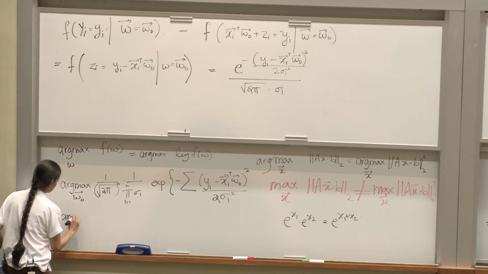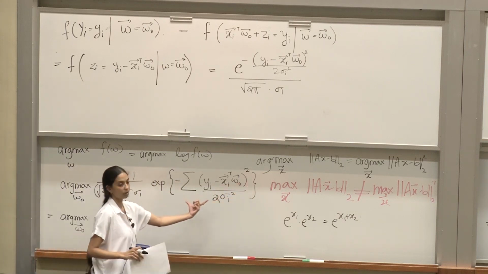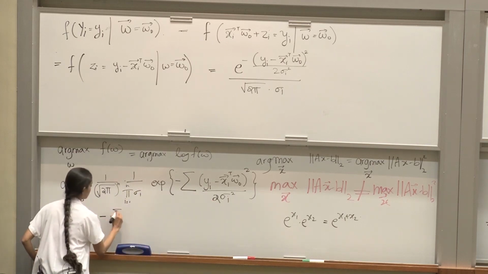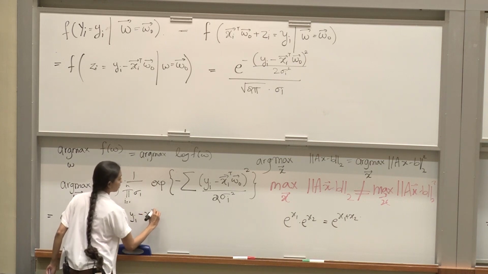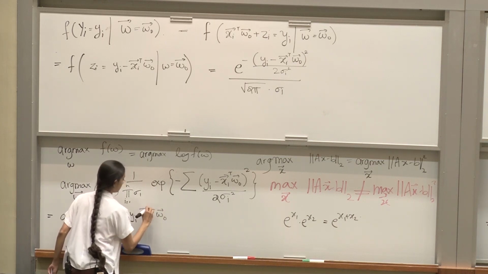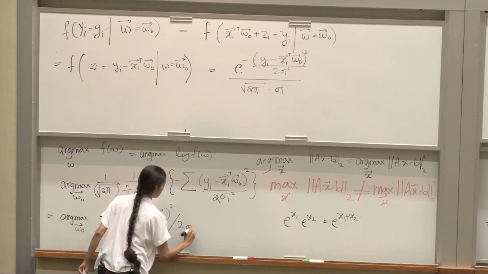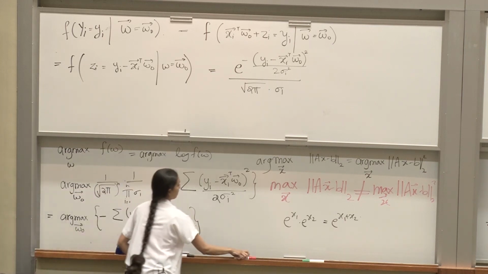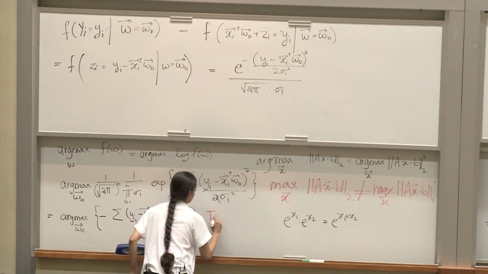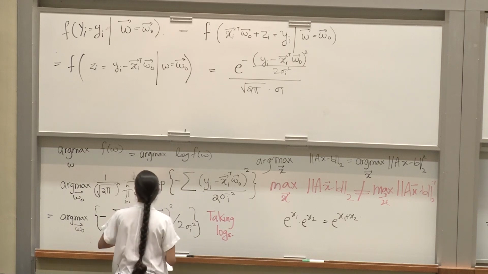Equal to argmax over w naught of the log of this, so argmax of negative yi minus xi transpose w naught whole squared divided by 2 sigma i squared. Okay?